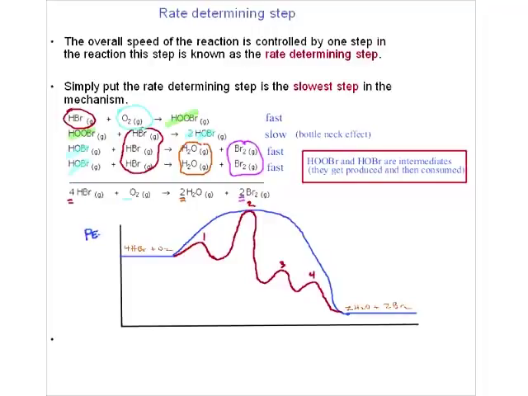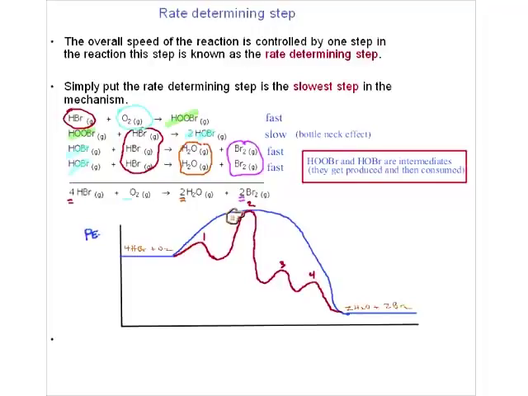Now I don't know the relative sizes of, say, 1, 3, and 4. All I know is that number 2, because it's the rate determining step, is the highest, and it's the one that controls everything else. So even the overall reaction does not happen until step 2 is completed. So step 2 would be the highest barrier point of the mechanism.